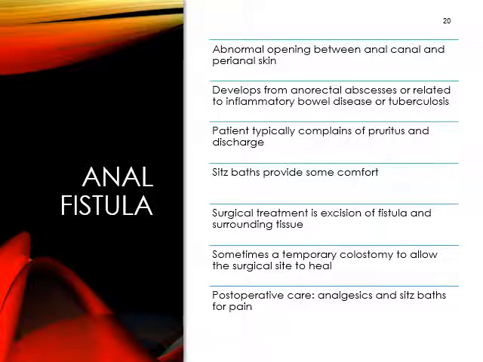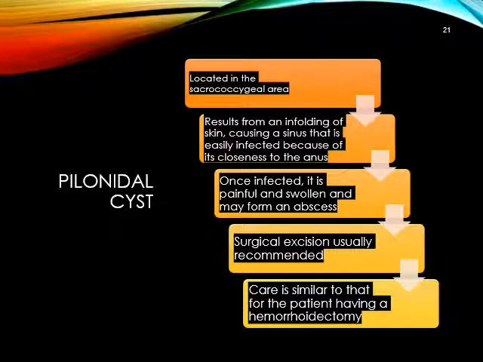So last but not least, let's talk about pilonidal cysts. So it's important to know where these are located. If you haven't heard of it, it is not uncommon. I've heard rumors that it was a twin that was attached to the sacral area. So know that it's located in the sacrococcygeal area.